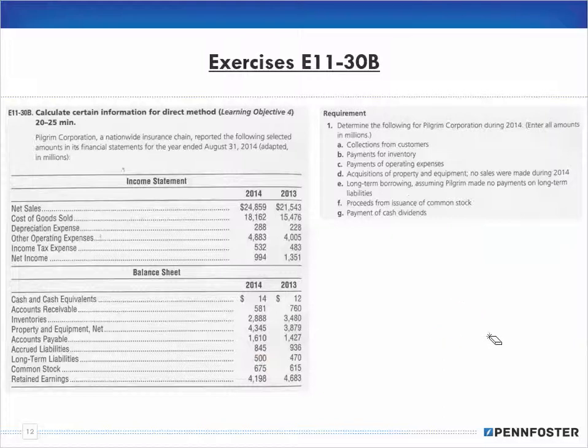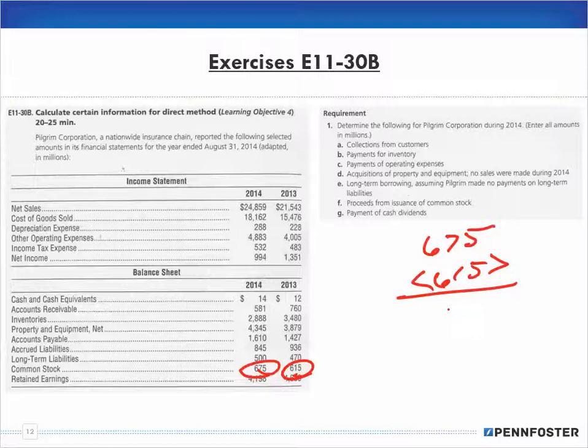All right. And proceeds from the issuance of common stock. So let's see here, common stock. We have an ending balance of 675 and a beginning balance of 615, which means the proceeds from the issuance of common stock was 60 million.